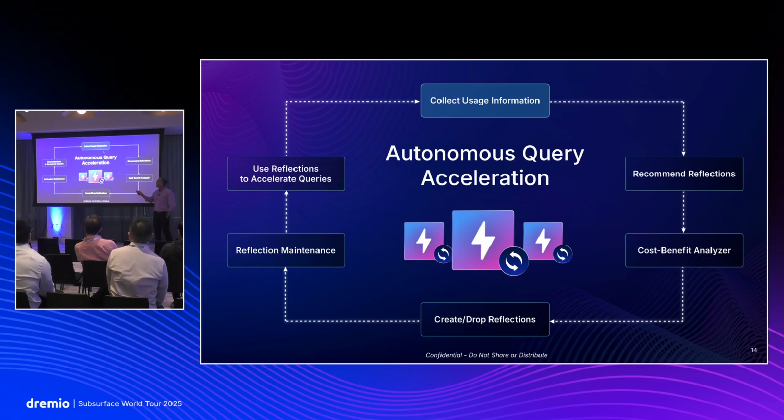And then when we go back here, again, the new data is collected, and this cycle continues. It runs every day to create reflections or remove reflections that have a lower return on investment because of changes in workload patterns.